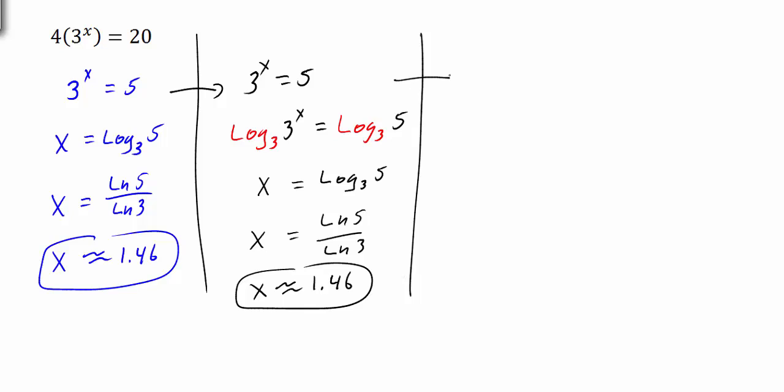And then one last technique, if we get to the point of 3 to the x equals 5, is where we could certainly just take the natural log of both sides. And once again, I know the natural log does not have the same base, but we can use the other property of pulling this exponent out front, and therefore we end up with x times the natural log of 3.